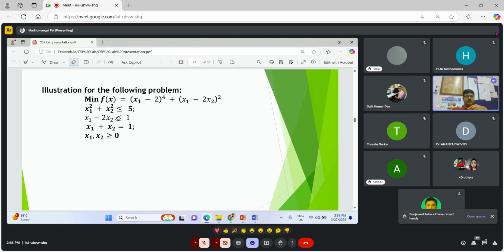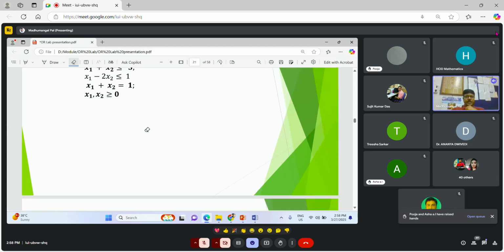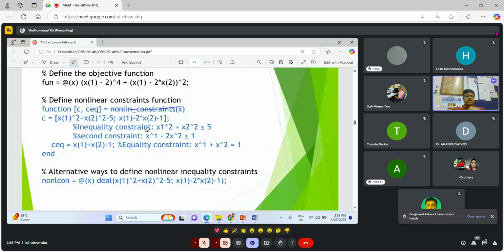Similarly, the minus 1 will be in the left hand side of the second constraint, and the right hand side will be 0. And for the third one, 1 should be shifted to the left hand side, and the right side should be made 0. Okay, so see that C is the nonlinear constraint, less than equal to type.